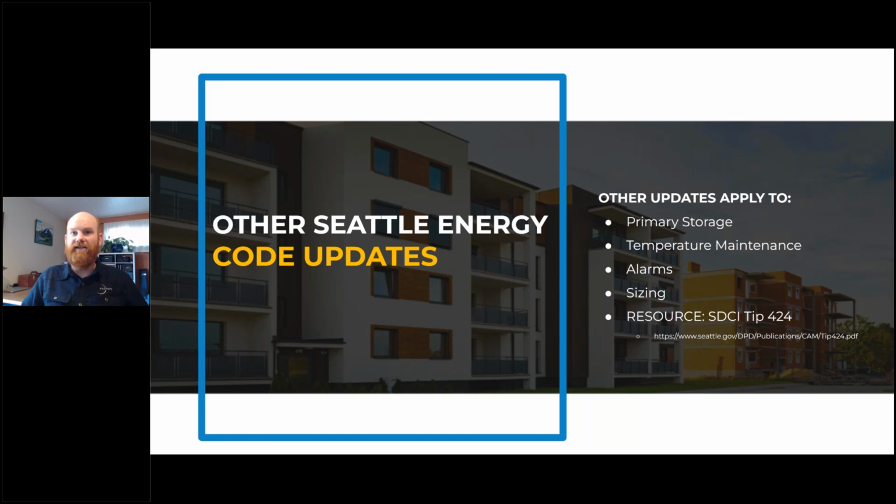So if you look up SDCI tip 424, that's going to bring you to the tip, which is a bunch of very clearly laid out information on 2 pages, specifically regarding heat pump water heating systems for commercial applications and the code requirements around them. So you don't have to navigate through that large code book binder PDF that you have. The SDCI tip is typically 1 to 2 pages of the really pertinent information on these systems and the requirements.